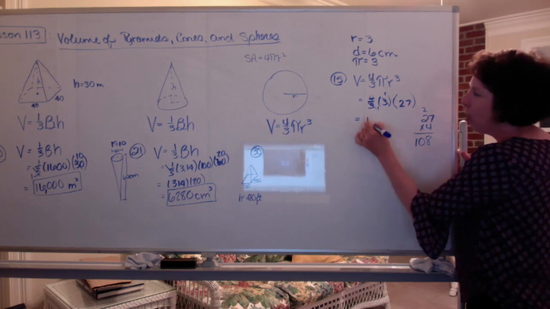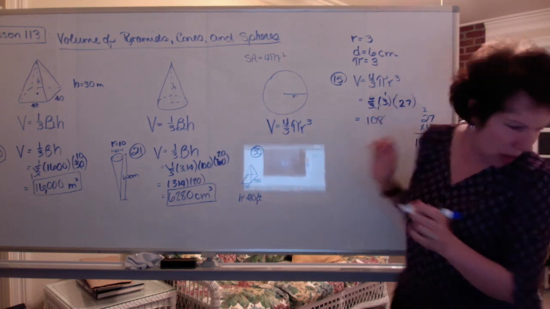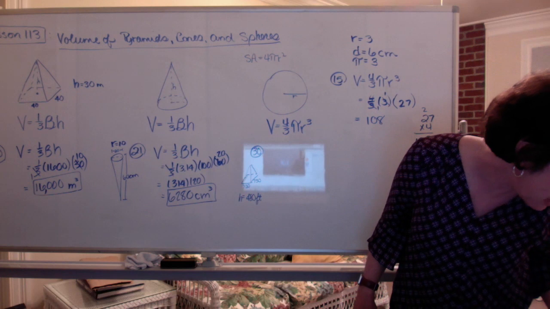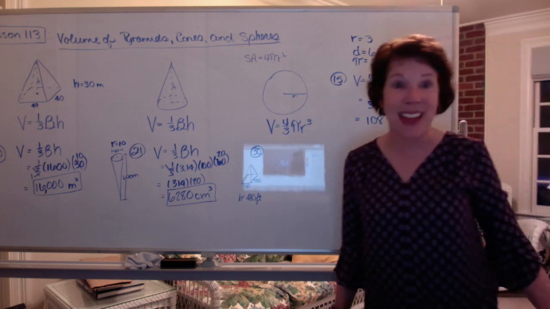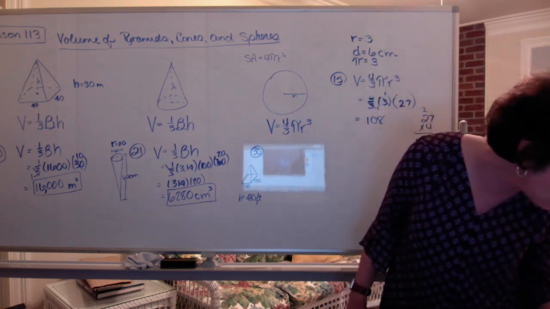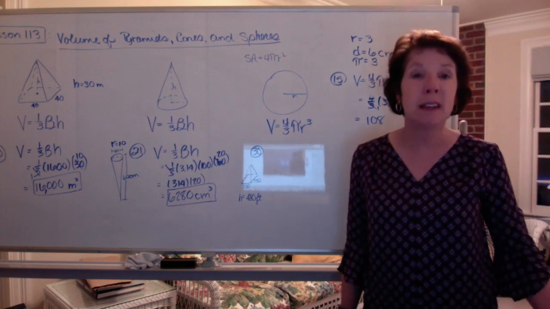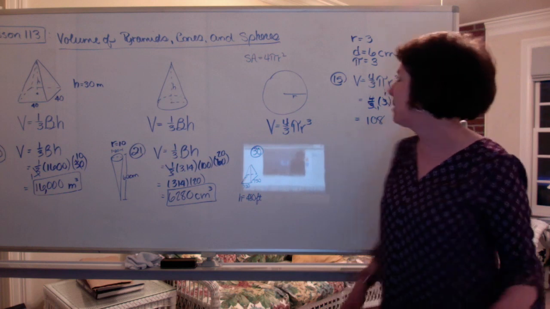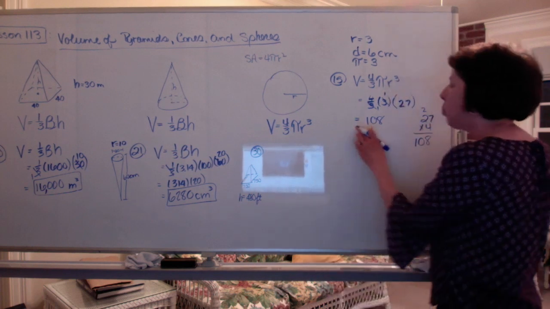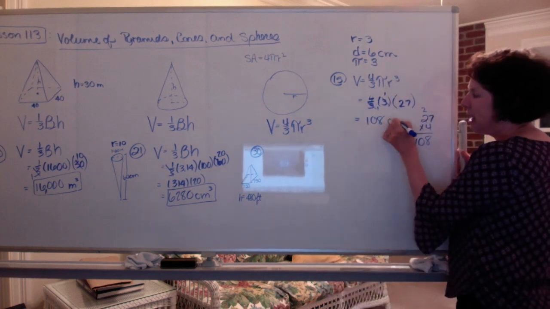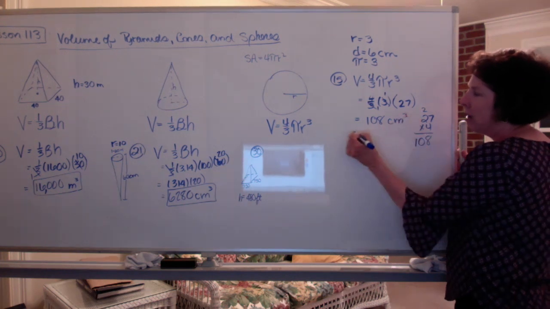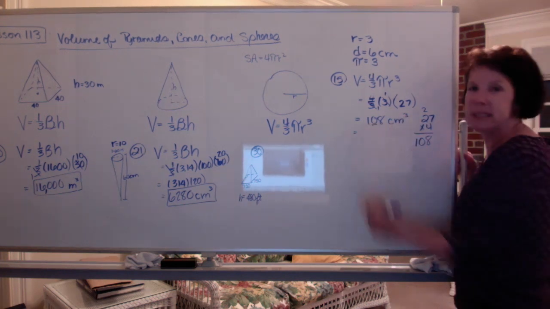I'm getting 108. Let me just make sure I'm not supposed to round this. Yes, I am. I'm glad I checked. I'm supposed to round this to the nearest 10 cubic centimeters. Now, this is 108 cubic centimeters for the volume of my sphere, but I've got to round to the nearest 10.